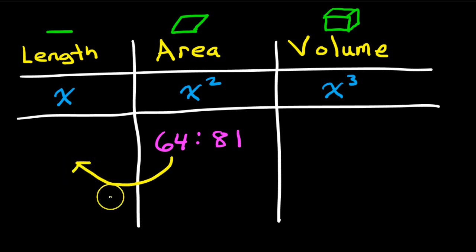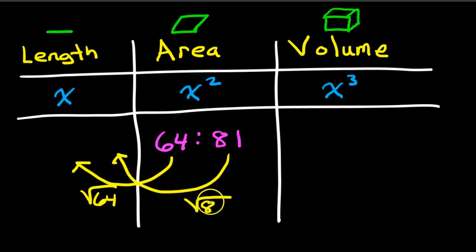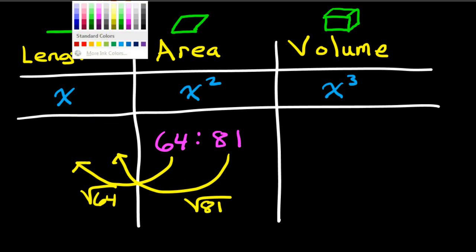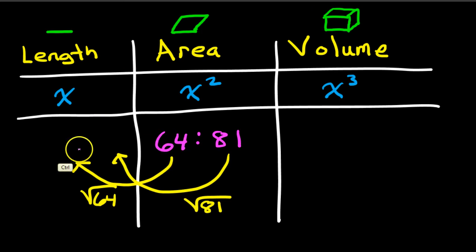So I'm going to need to do the square root of 64, and the square root of 81. That's how you go from area back to a length. The square root of 64 is 8, and the square root of 81 is 9. So the lengths must have ratio 8 to 9.